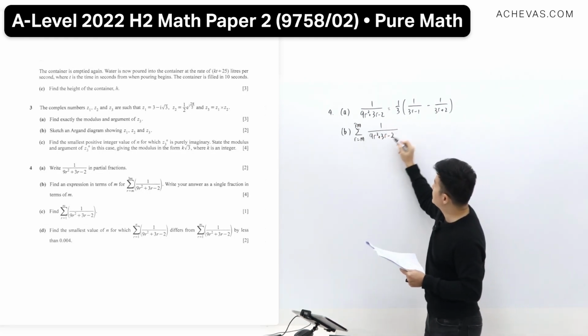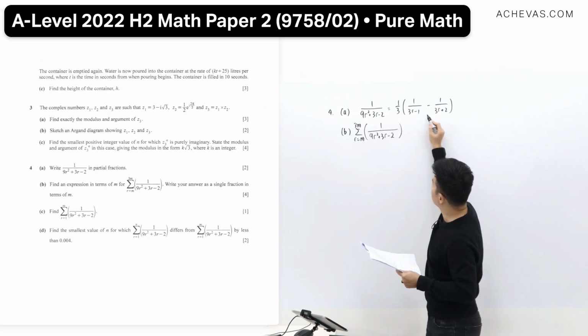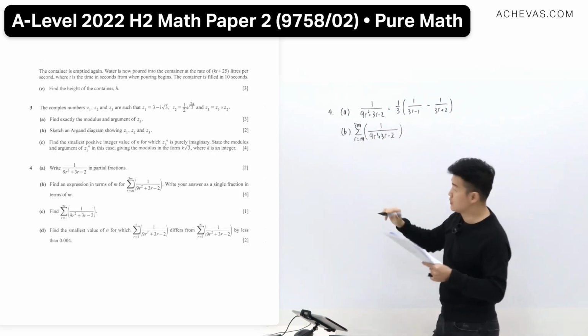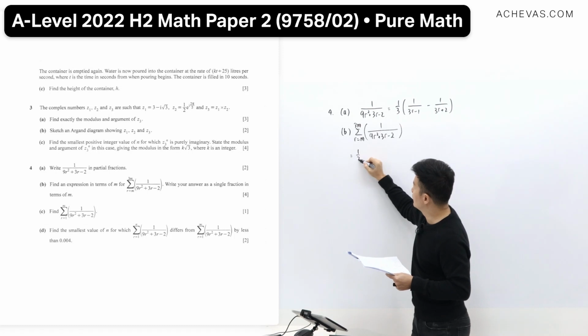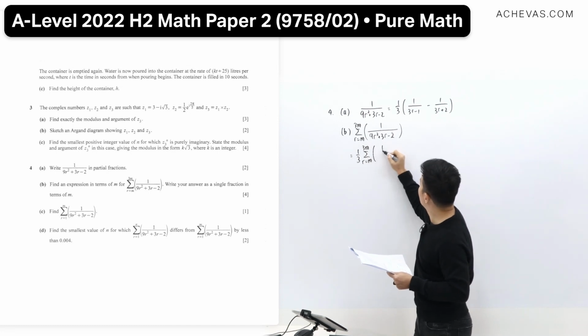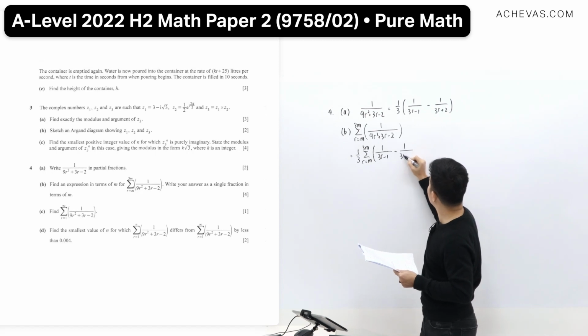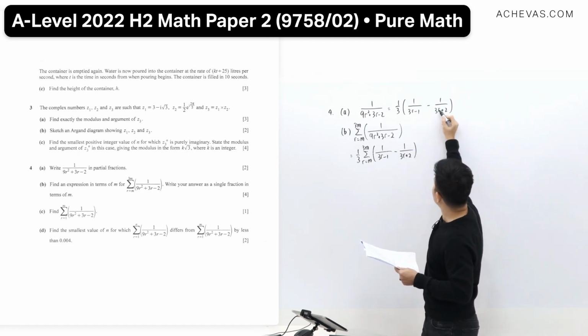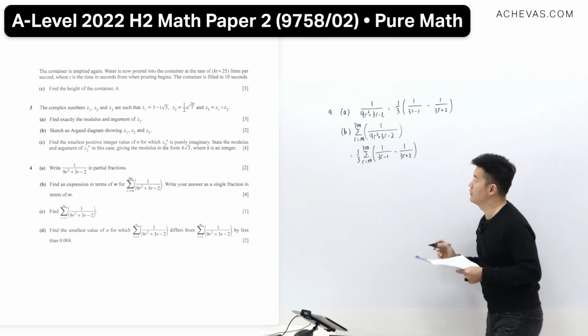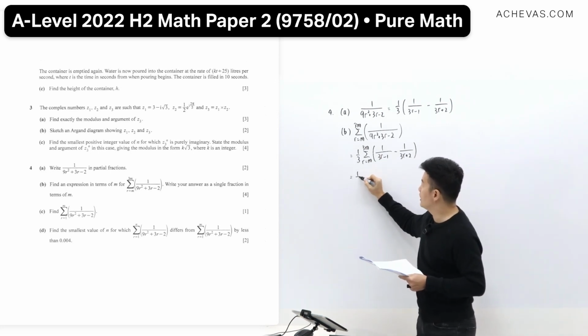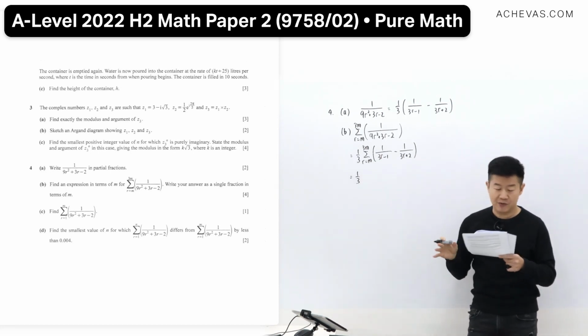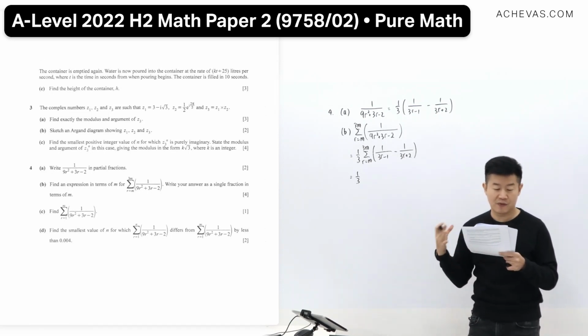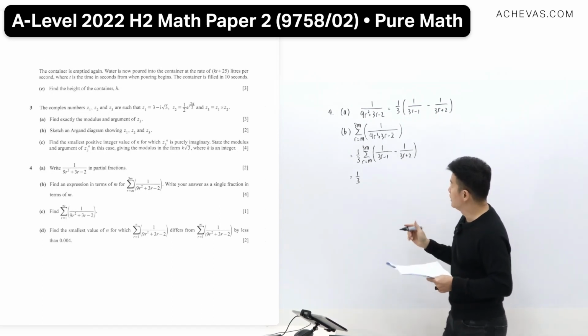So replacing this by this and factorizing out 1 over 3, we will be having 1 over 3 summation from r is equal to m to 3m of 1 over 3r minus 1 minus 1 over 3r plus 2. Okay, it is from this expression over here. We are going to make use of the method of difference presentation to try to evaluate this summation further.